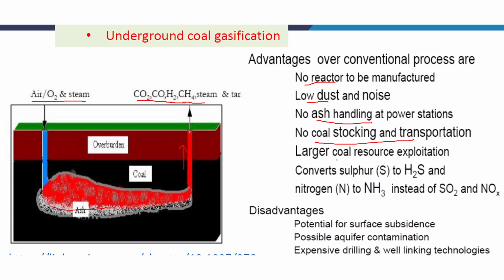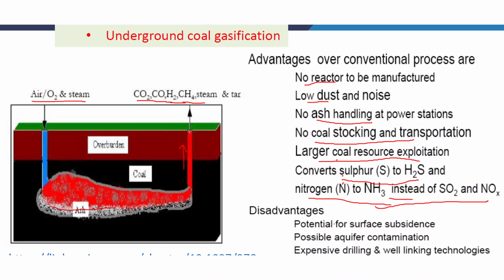Larger coal resource exploitation, we can exploit the coal resources on a larger scale. We convert sulfur to H2S and nitrogen to NH3 instead of sulfur dioxide and nitrogen dioxide, which are more dangerous, more poisonous in nature.